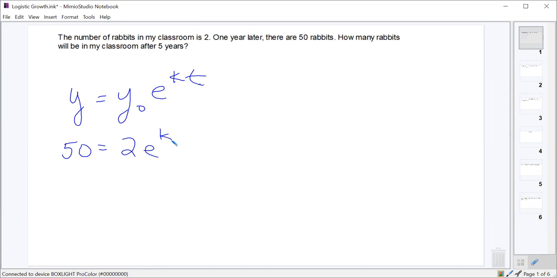That should tell us what k is, right? k equals the natural log of 25. True? So after 5 years, not 50 years, we should have the final amount of rabbits equals my initial amount times e to the 5 natural log of 25. And how many rabbits do we have after 5 years?